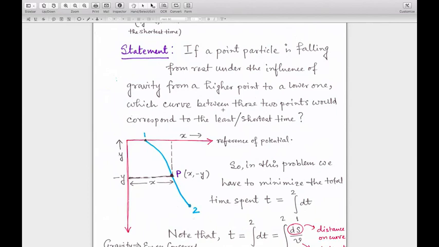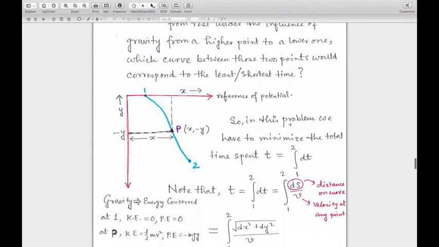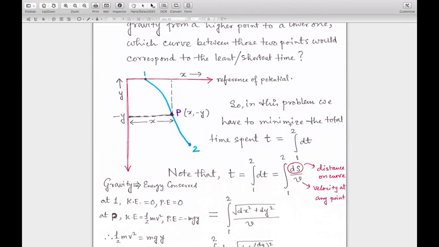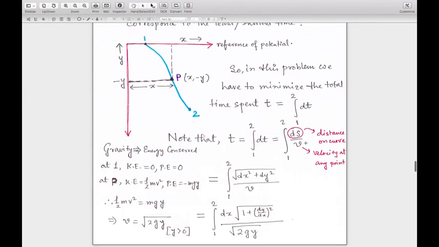Then which curve between those 2 points should the particle follow so that this corresponds to the least or shortest time? Okay. So for that we have to minimize which quantity? The time. Then we have to write the total time spent between 1 and 2 as integration from 1 to 2 of dt, but always along the curve. That we have to always remember.